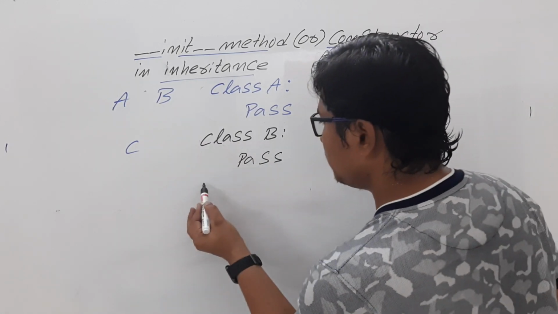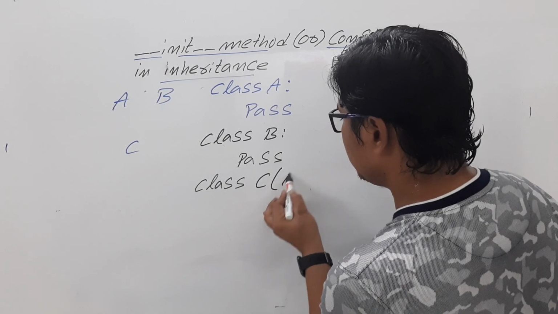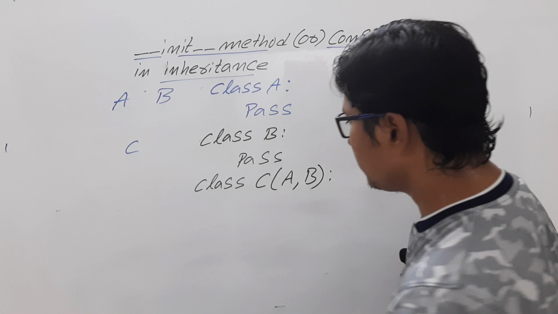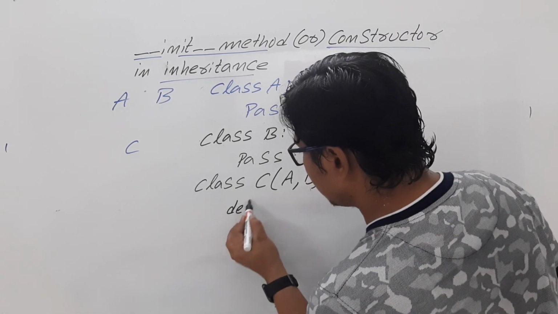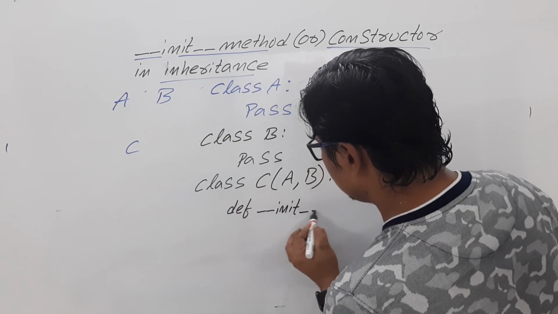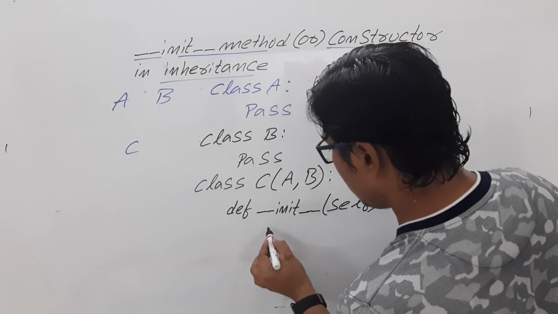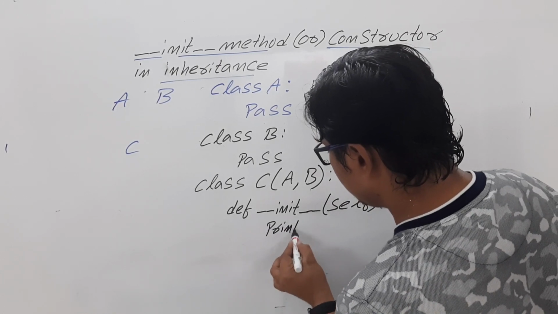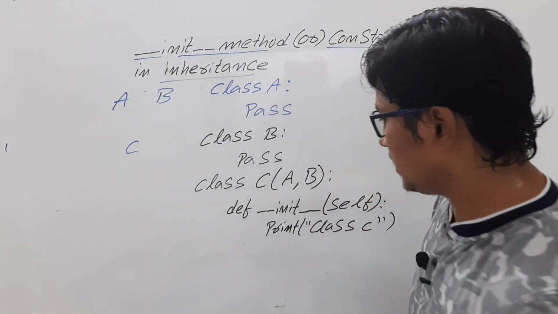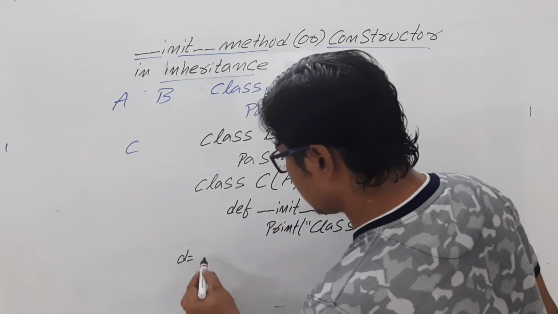Then you have class C, which is inheriting the properties of class A and class B. Then you have an init method, define underscore underscore init, then self, you have print class C. Let's take that now you are creating an object called D for the class C.